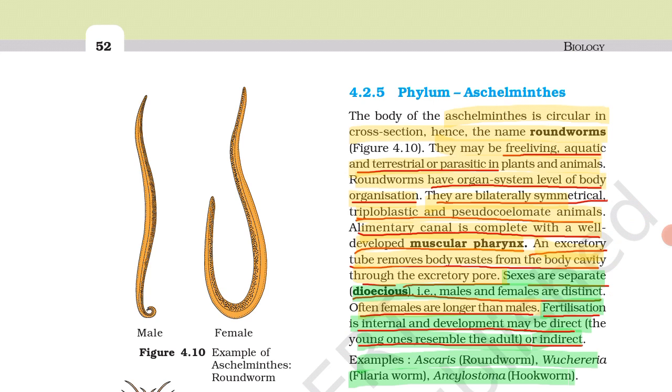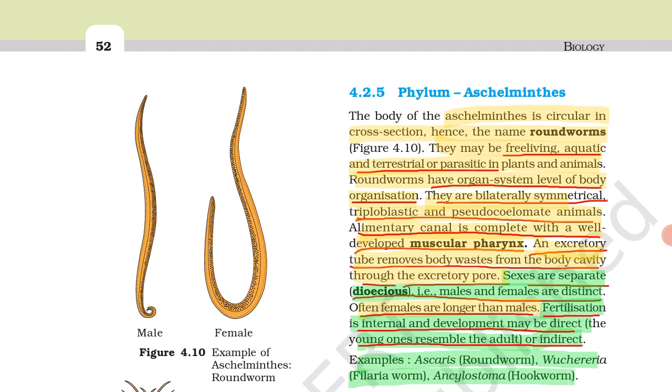They are free living, aquatic and terrestrial, or parasitic in plants and animals.